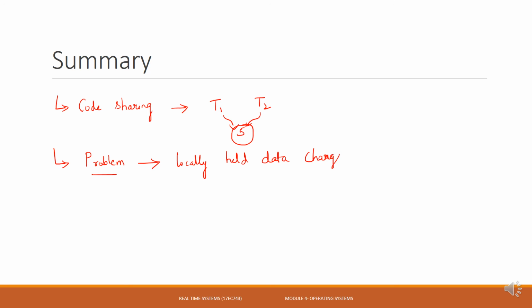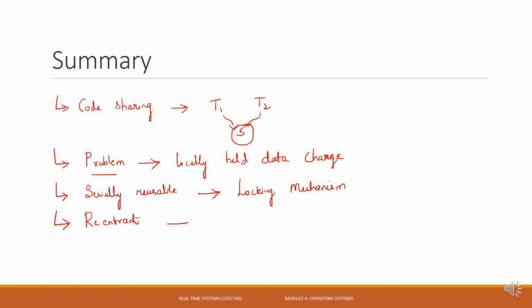So how do we overcome this problem? We understood the two methods. One is serially reusable code, where we use a locking mechanism: we lock the subroutine, and only if it unlocks can it be accessed by some other task. The second method is reentrant code.